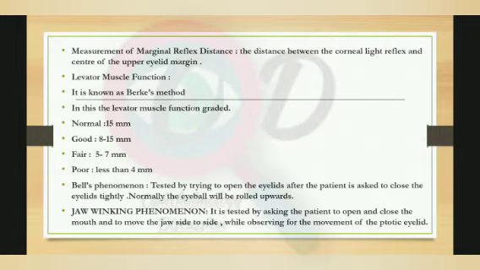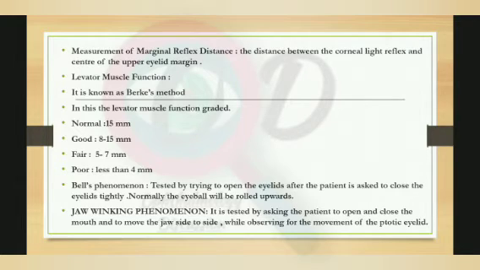Levator muscle function. How can we check the levator muscle function? We will press our thumb on the affected side of the eyebrow, where the ptotic eye is, and we will ask the patient to elevate his or her eyelid as much as he can.